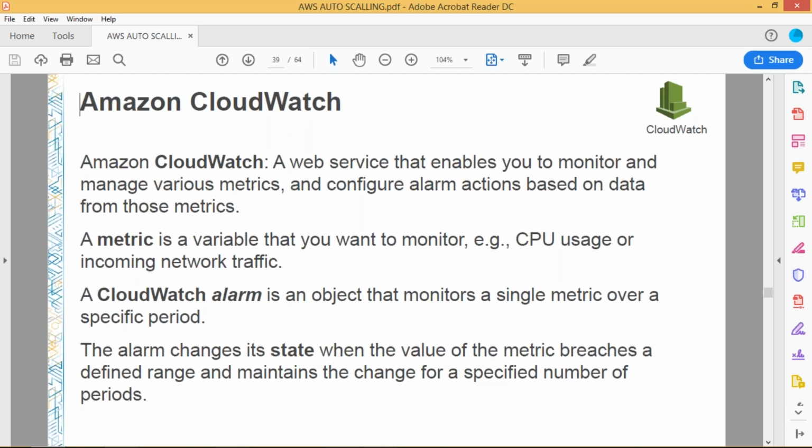CloudWatch is basically a web service that enables you to monitor and manage various metrics and configure alarm actions based on data from those metrics.